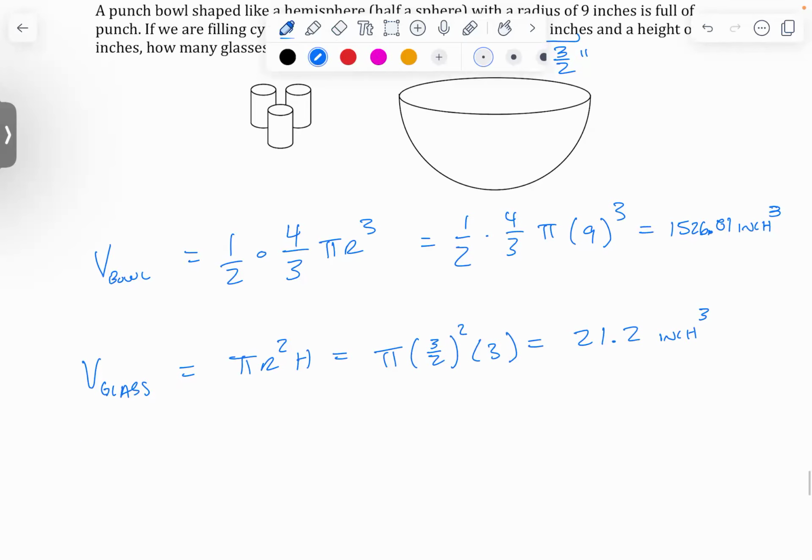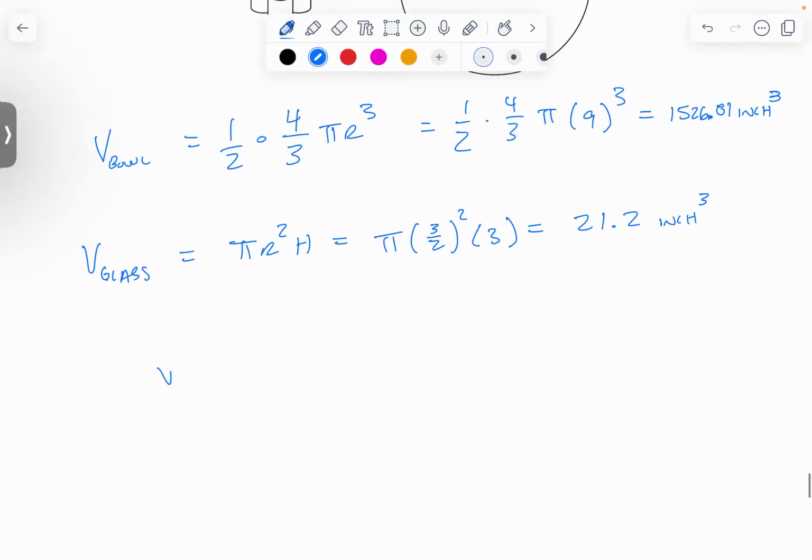And then how many glasses can we fill? Well, that's literally just the volume of the bowl divided by the volume of each glass.